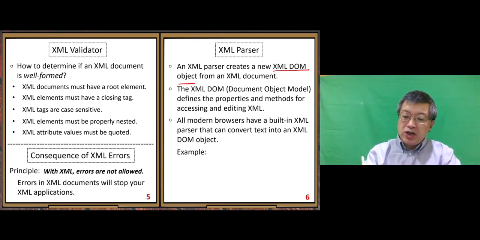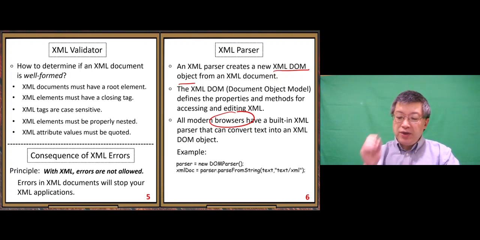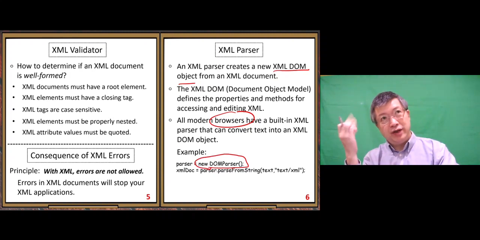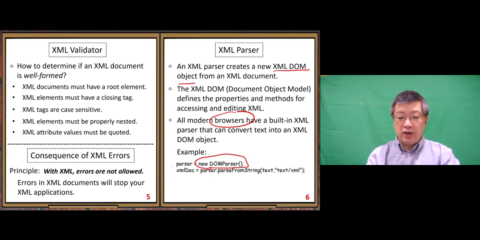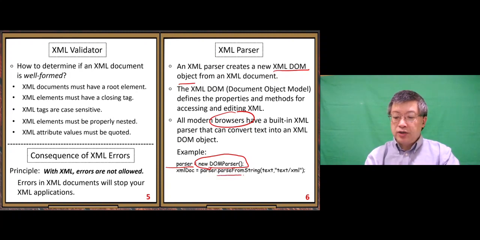Here, we just consider the browser's case. For the browser, usually we do XML parsing in JavaScript functions. In our JavaScript function, we can use these lines. First, we use the DOMParser constructor, an object constructor, so we get a DOMParser object and have this variable. Then we do parsing: parser.parseFromString.